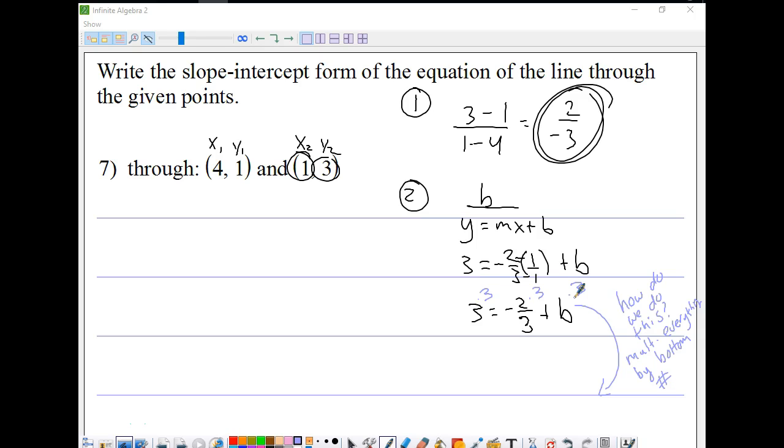Let me teach, and I'll take questions just a second. So what's 3 times 3? 9. And then this is 3 over 1, right? So what would this be if I multiplied straight across? Negative 6 over 3, plus 3 times b.